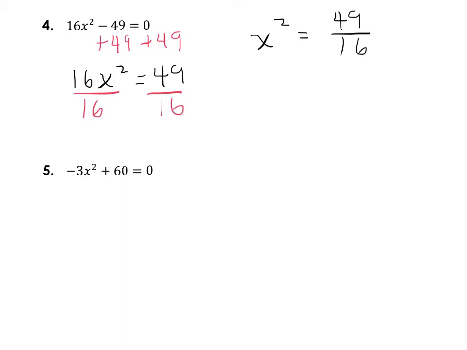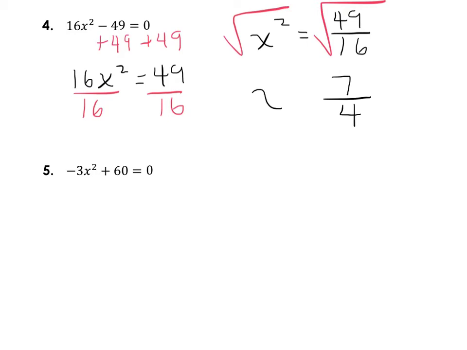Okay, and the reason I'm leaving it there is when I take the square root of both sides, thinking of the inverse operation of squaring, or raising to the second power, would be taking the square root. When I take the square root on the right hand side, the square root of 49 is 7, and the square root of 16 is 4.